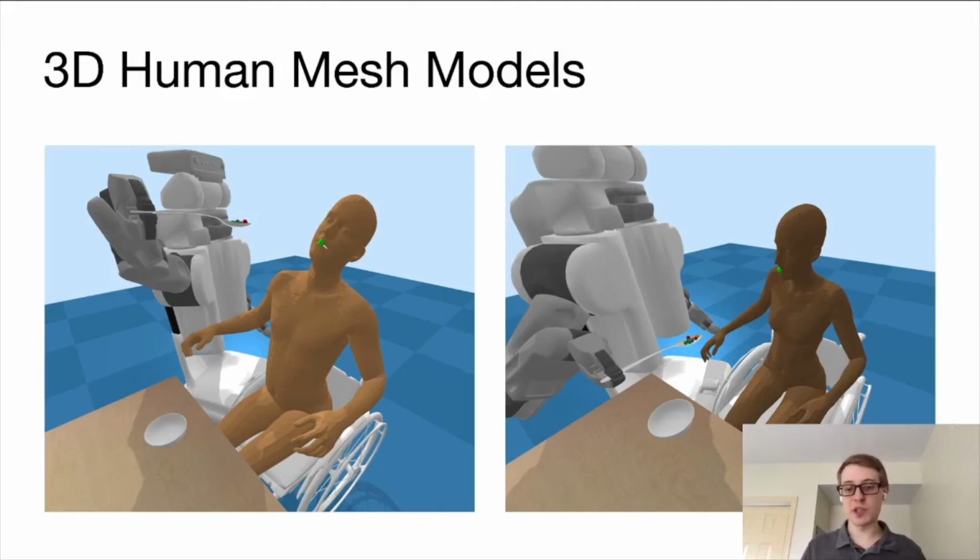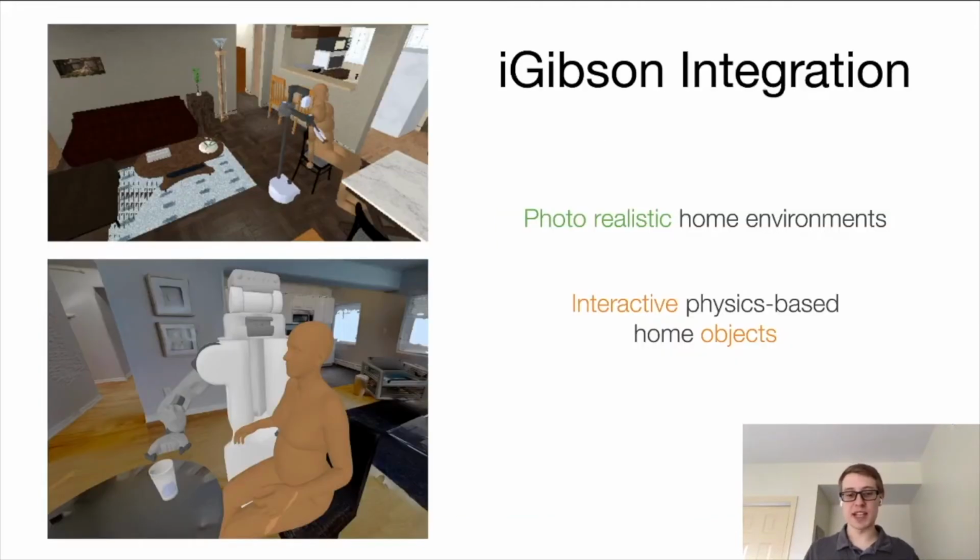Another thing which we briefly mentioned at the beginning of the course was iGibson. Assistive Gym is integrated with the iGibson framework, which simulates photorealistic home environments like what you're seeing here on the left and right images.